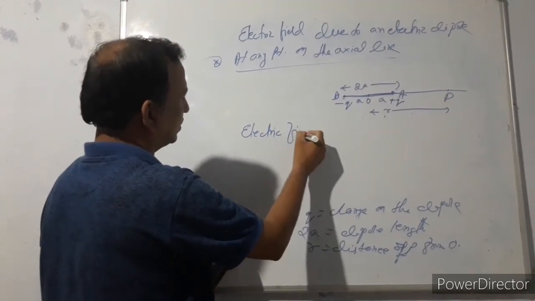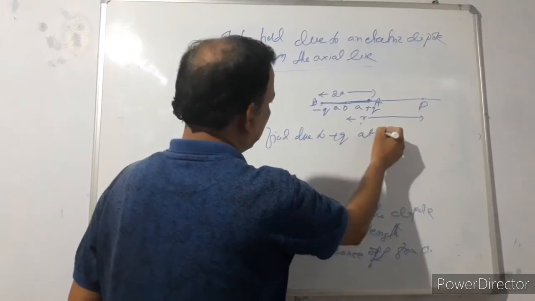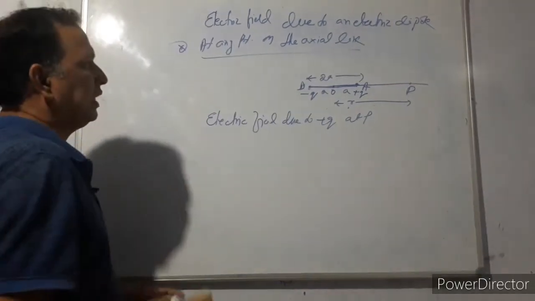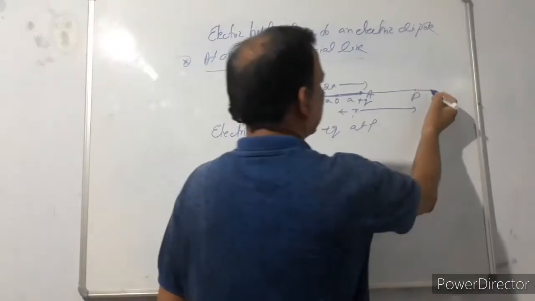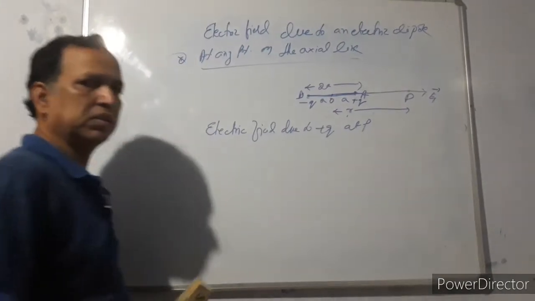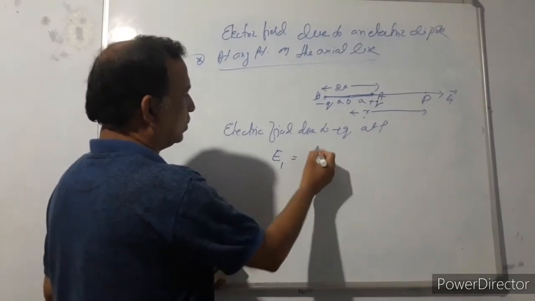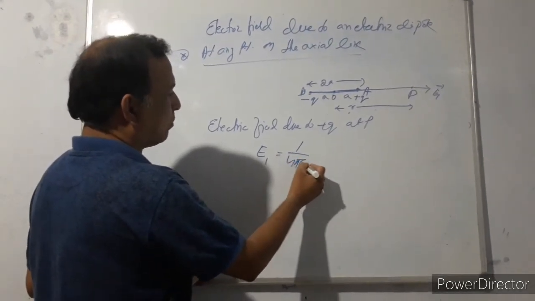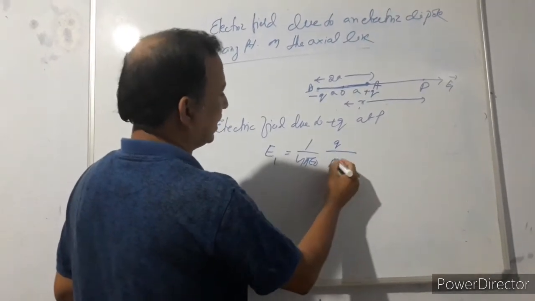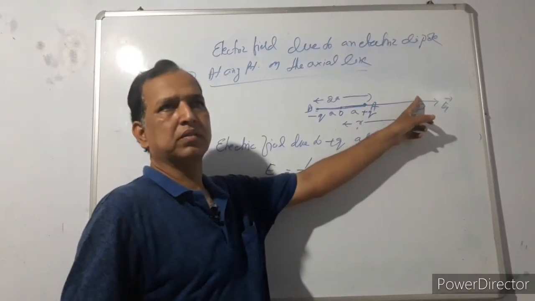Electric field due to the positive charge at P. Electric field means the strength of the field, that is equal to E1. So what is E1? E1 is equal to 1 by 4 pi epsilon naught q by AP square. Clear?